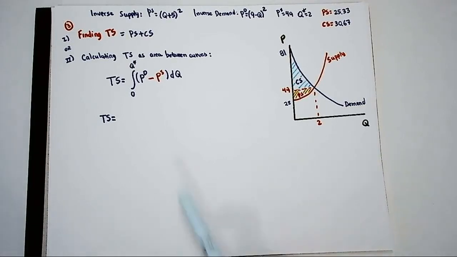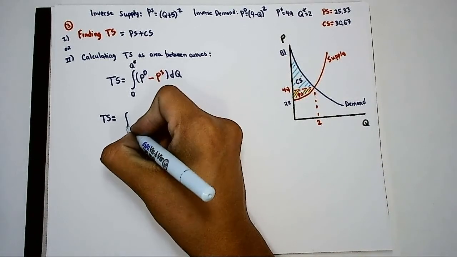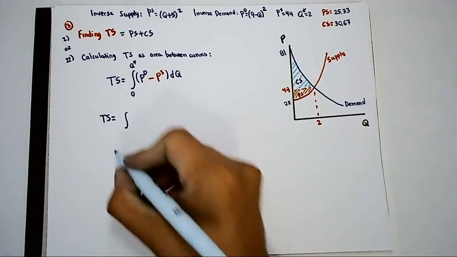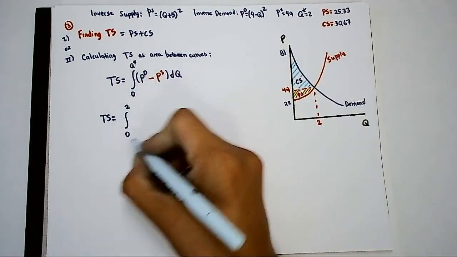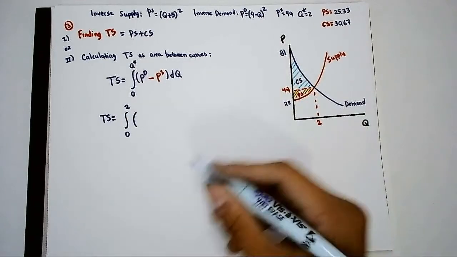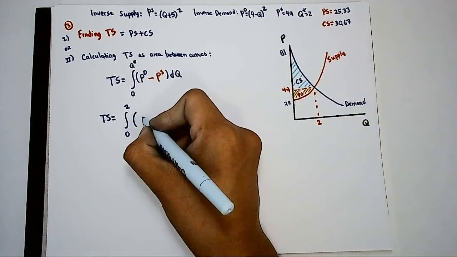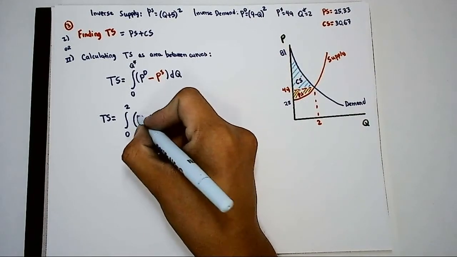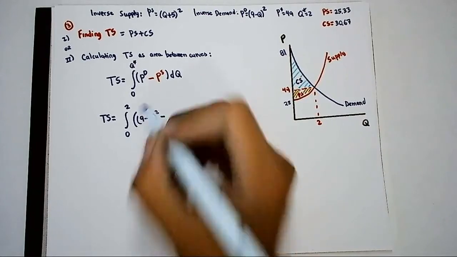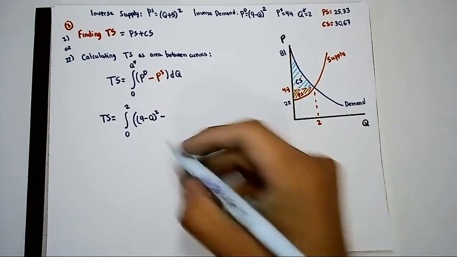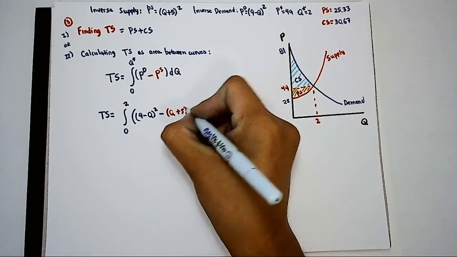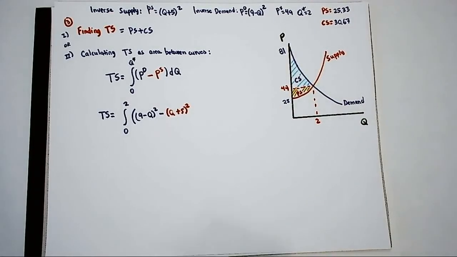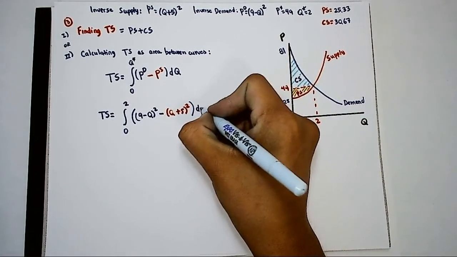Let's replace these formulas. Here the integration will go from 0 to 2. Here we have (9 minus Q) squared minus (Q plus 5) squared dq.